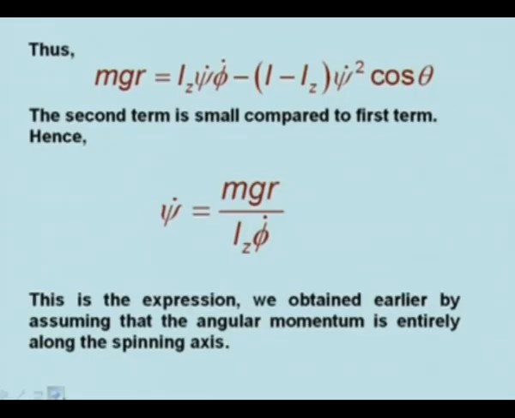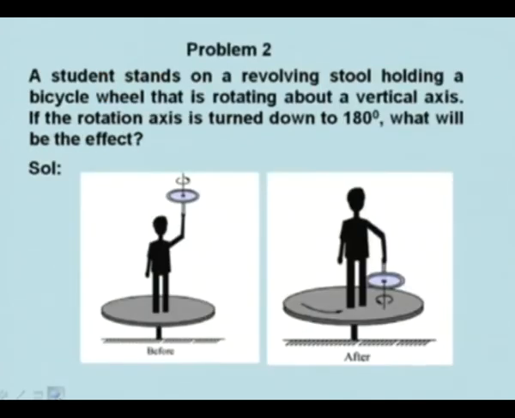This is the expression we obtained earlier by assuming that the angular momentum is entirely along the spin axis. So we had got that expression based on that assumption, and now we are getting almost the same equation.